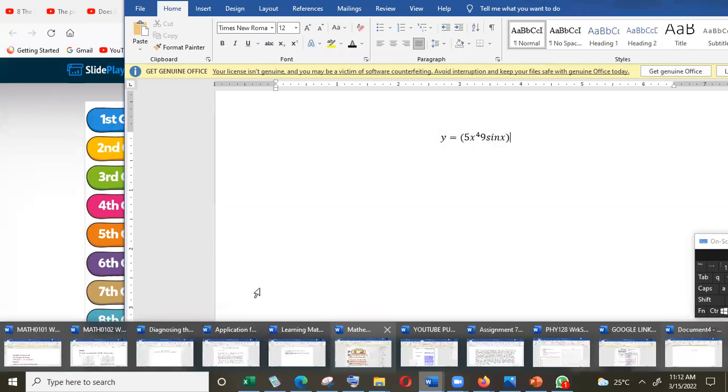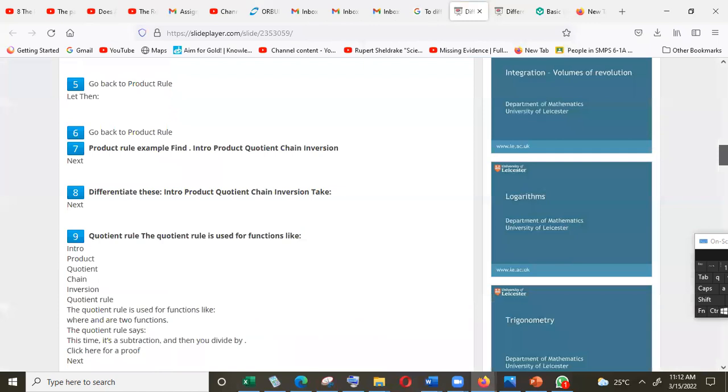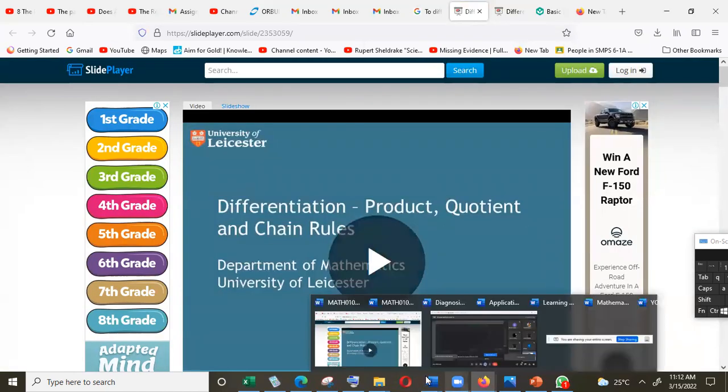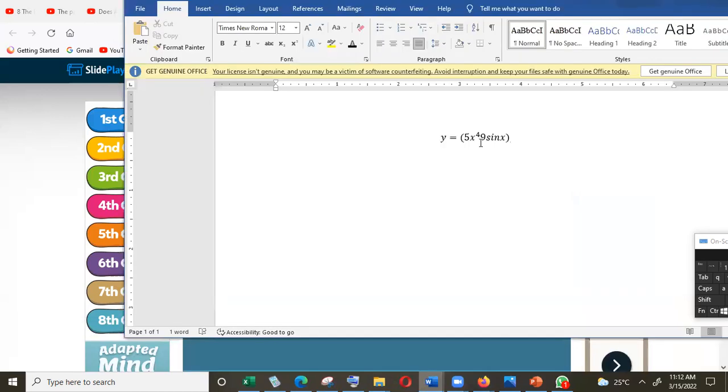You have to apply what you call the product rule, and here you have some videos on the product rule and quotient rule. As we are there, we can just talk about the quotient rule. The quotient rule means that we divide. So you may have a function that looks like this, a numerator and a denominator.